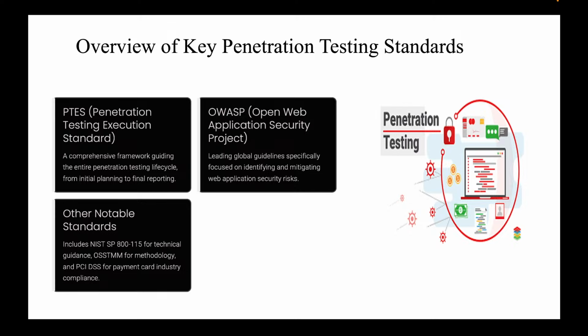Then PCI DSS, as we said, the Payment Card Industry Data Security Standard. It is required for organizations that handle credit card data, and it ensures strong security controls for protecting payment information.